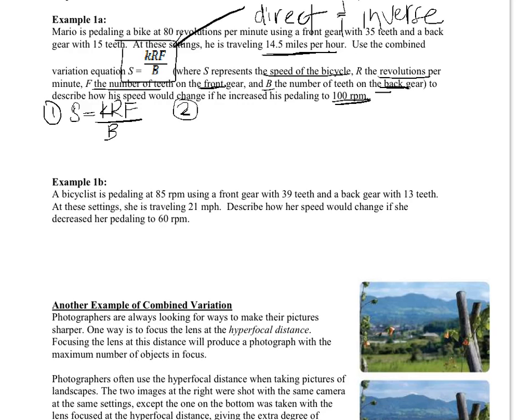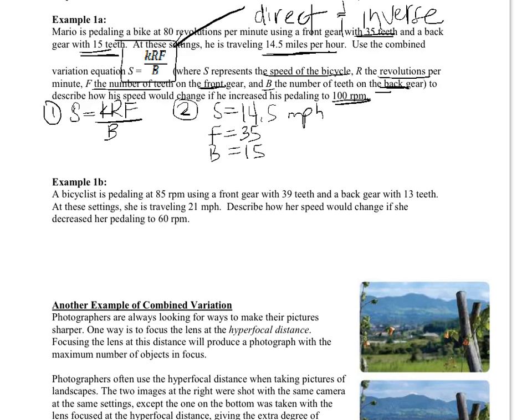So his speed is 14.5 miles per hour. He has a front gear with 35 teeth up here. So F equals 35. He has a back gear with 15 teeth. B equals 15. And now we can solve for k using all that information.